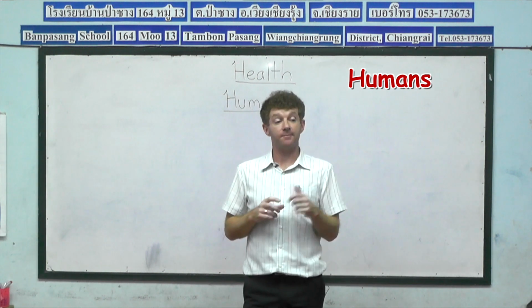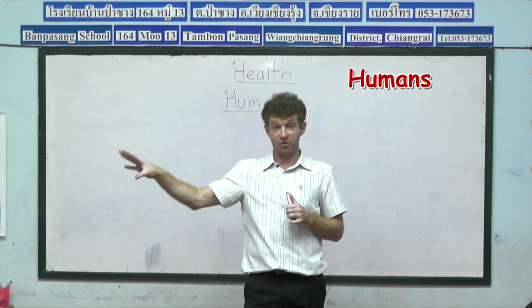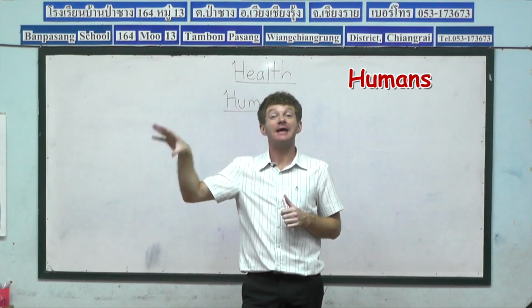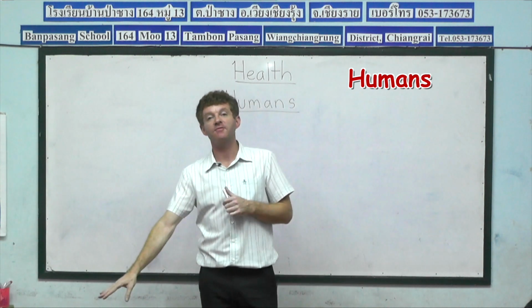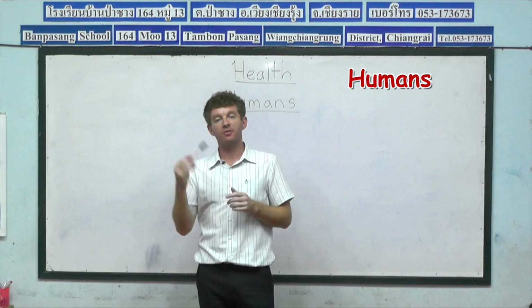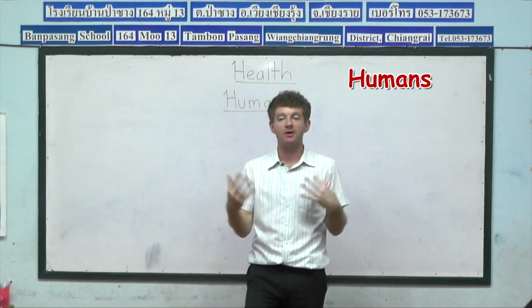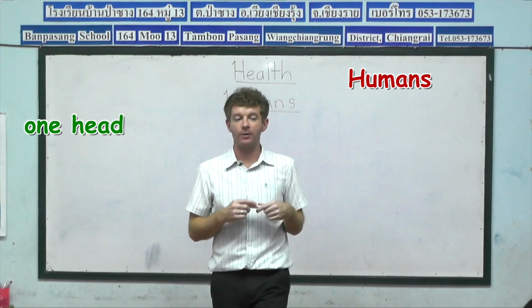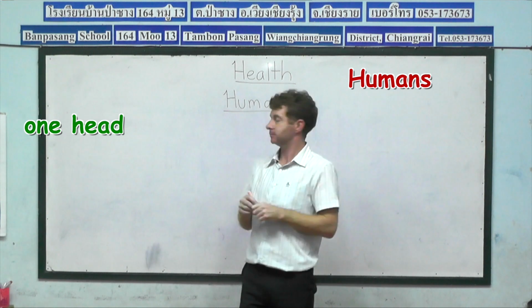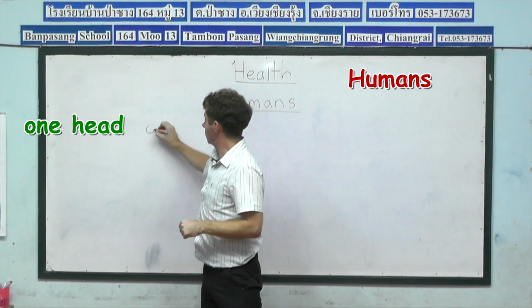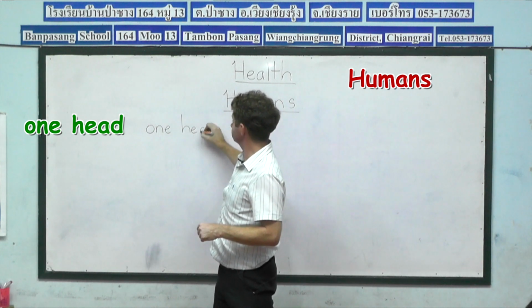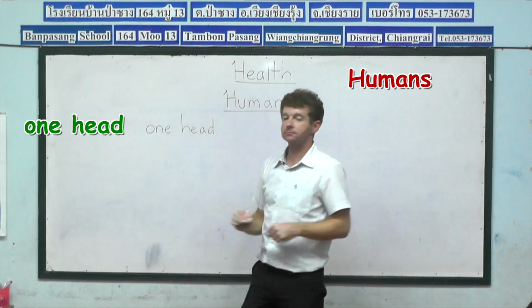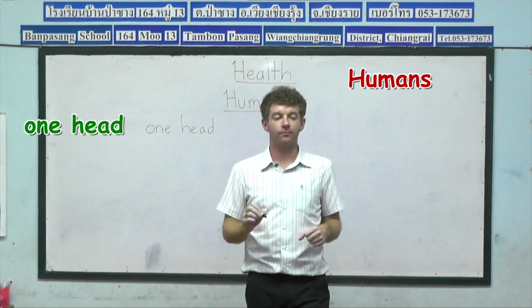Yes, okay. A baby is a type of human. And a baby is a very early type of human. Very early in life, we are babies. But thinking about us, guys, what do we have in common? How many heads do we have? One head. How many arms?